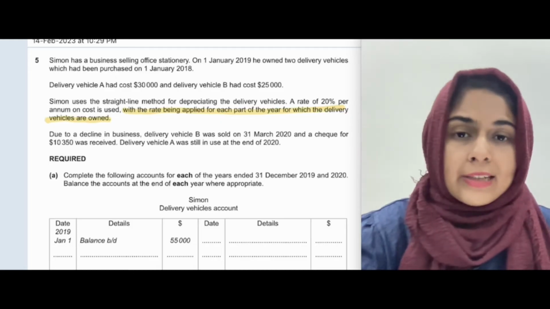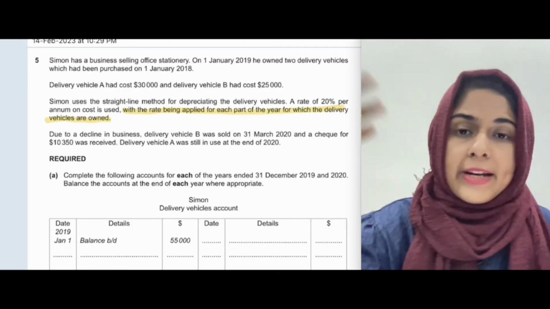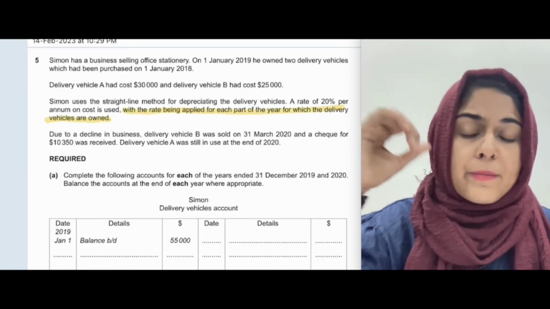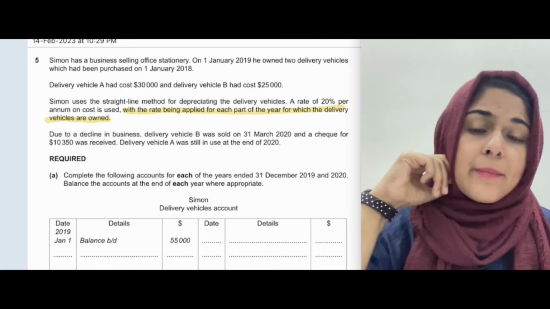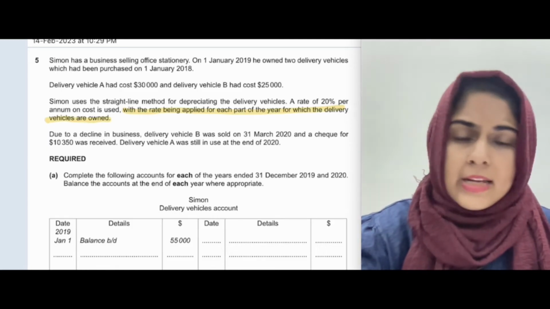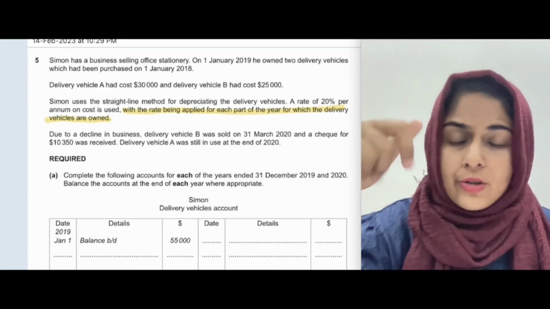Here they are saying it's the straight line method, very easy. Straight line method is 20% per annum. You just apply it on cost, but you have to take care of the months of ownership, that is, how many months you have owned the non-current asset in the year of purchase or in the year of sale. How many months have you owned the non-current asset?